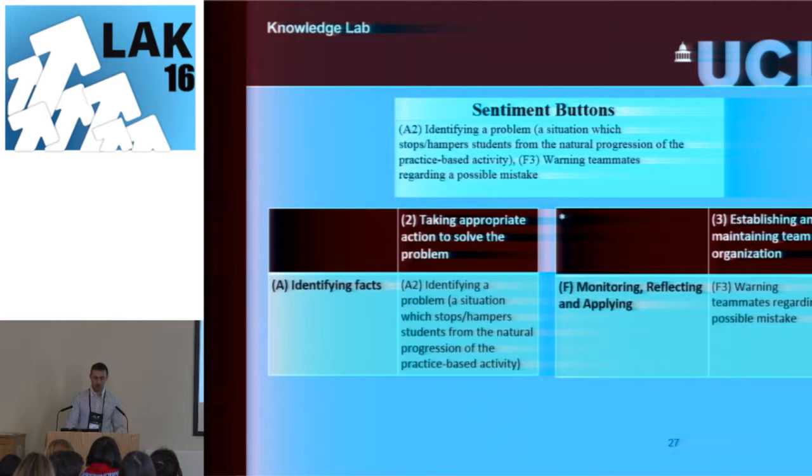So how we envisage using the framework is that, for instance, using sentiment buttons, we would like to have data related to students' ability to identify a problem. And identifying a problem is an observable action that relates to identifying facts as a competency of problem solving, and taking appropriate actions to solve the problem as a collaboration competency.